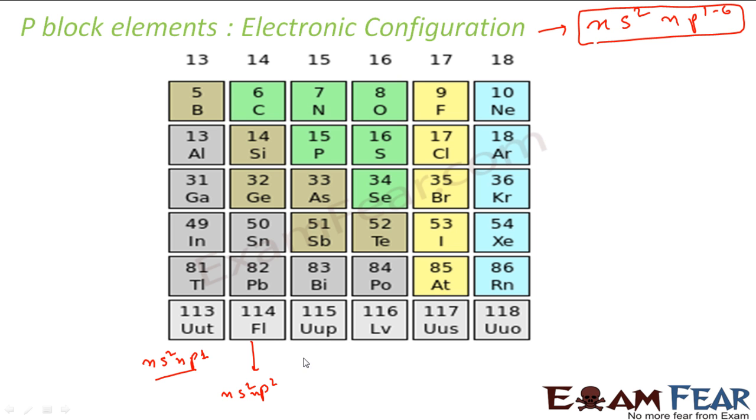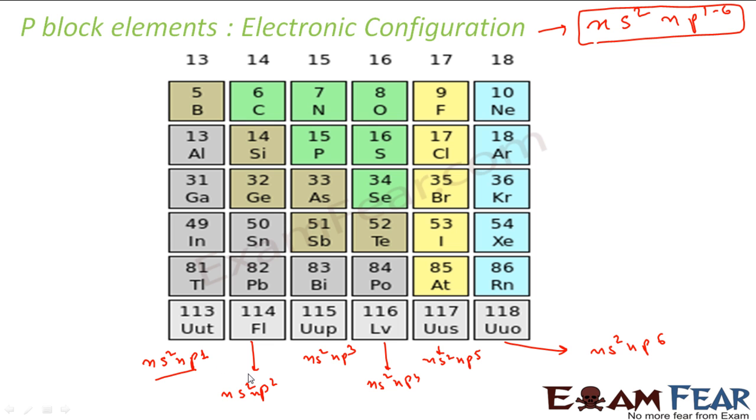For 15, it is ns2 np3. For 16, it is ns2 np4. For 17, it is ns2 np5. And for 18, it is ns2 np6.